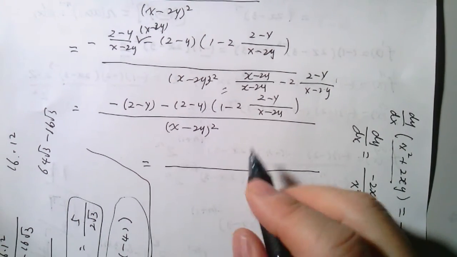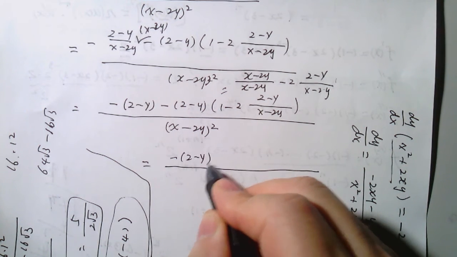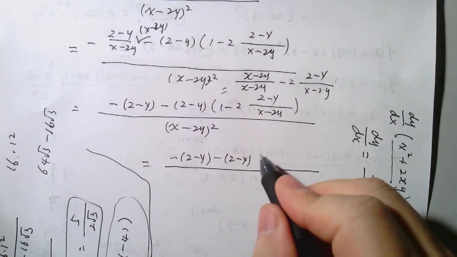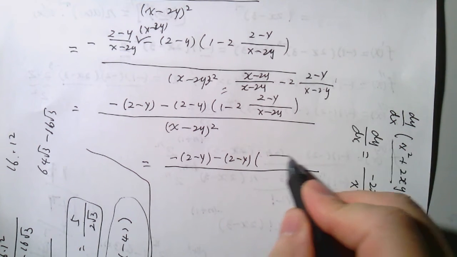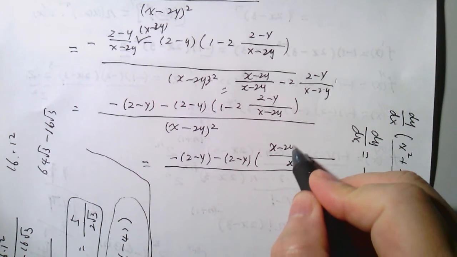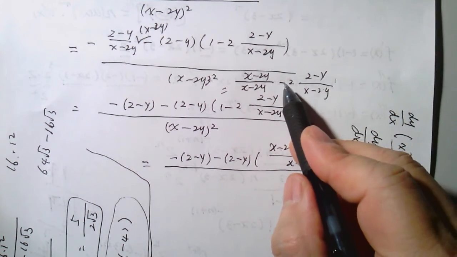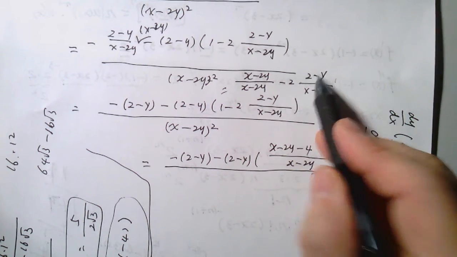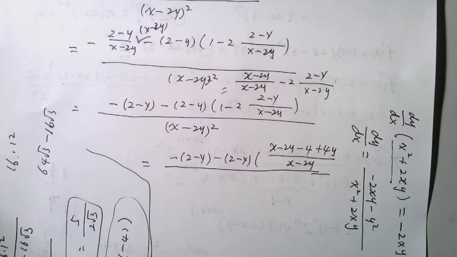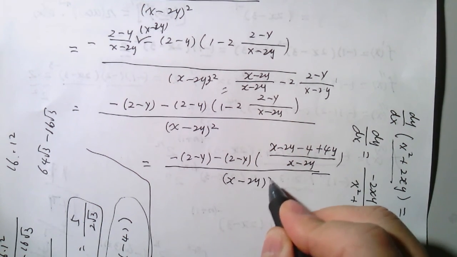So what you have here is minus (2 minus y) minus (2 minus y). And together, you can see here I have x minus 2y minus 2 times 2, which is 4. 2 times this, double negative, that's plus 4y. So that's what we have, over (x minus 2y) squared.